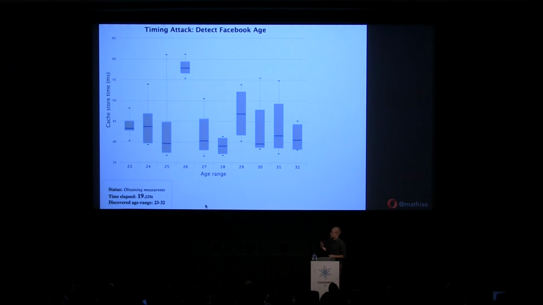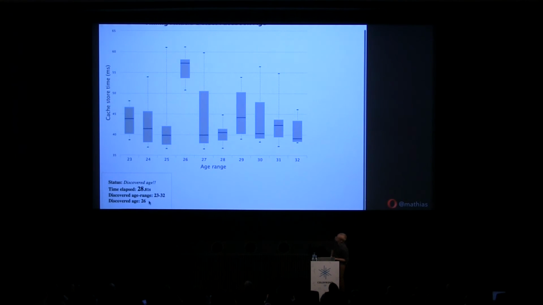And here we're performing 10 more HTTP requests, just like before, the same kind of trick. And after just a couple of seconds, it already becomes quite clear that the age of the user in this case is 26 years old.